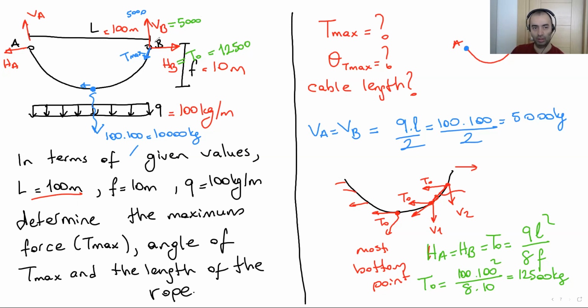Look, so T max is a combination of these forces. Okay, let me write T max here. I guess you can write it here. T max equals the square root of 5,000 squared plus 12,500 squared.